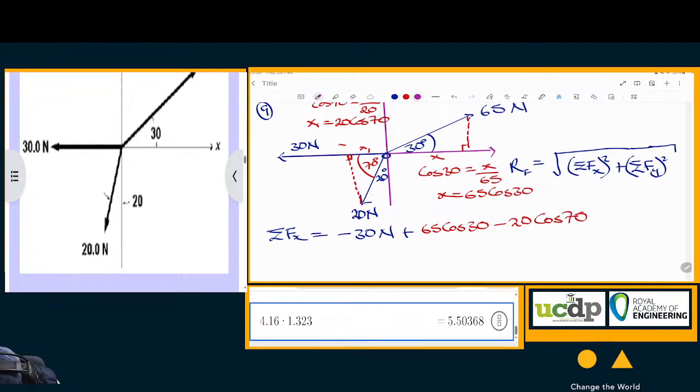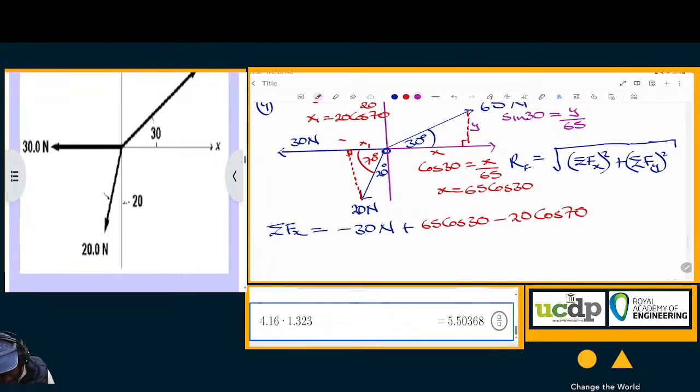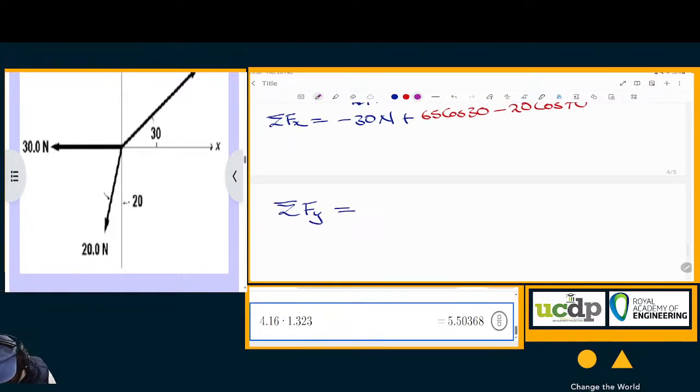The 65 newton force has a component in the y, so that becomes opposite and hypotenuse. So sin 30 equals your opposite, which is y, over the hypotenuse, which is 65, which means your y is 65 sin 30.